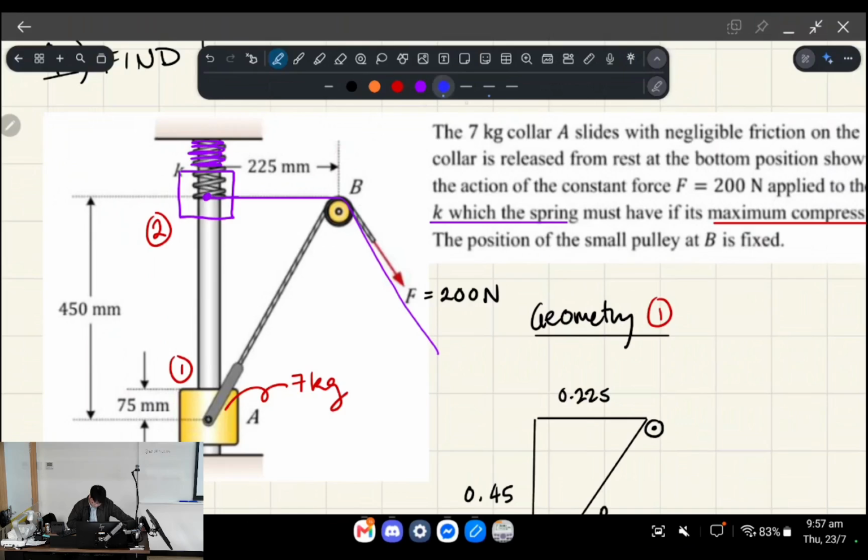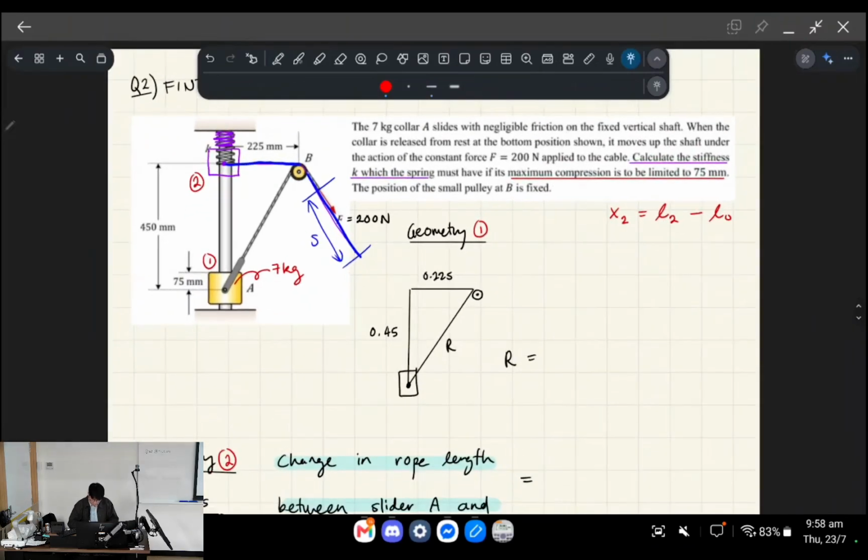So let me do it in, let's say, blue. In state 1 versus state 2, between A to B, the rope has shrunk, and that amount of shrink is the elongation on the other side. Does that make sense? What we're interested in is this, because this is going to be our displacement for the amount the rope has moved in the work part of our equation. So that's what we're going to need to do.